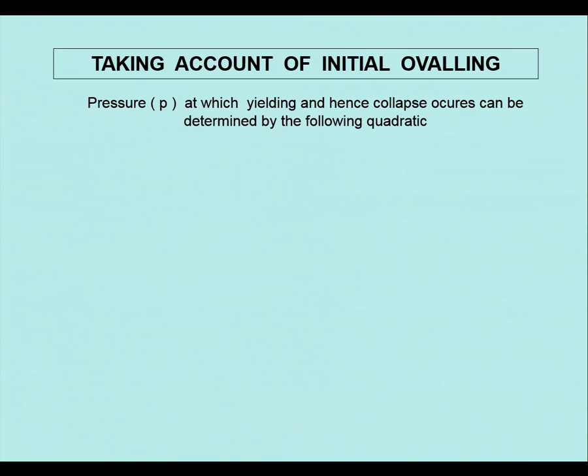So, taking account of the initial ovality, the pressure at which the yielding and hence collapse occurs can be determined by the following quadratic. So anybody recognise the quadratic equation? If I wrote on here, ax squared equals bx plus c, you'd know it as a quadratic.